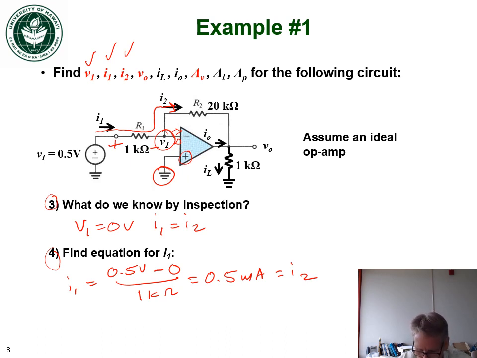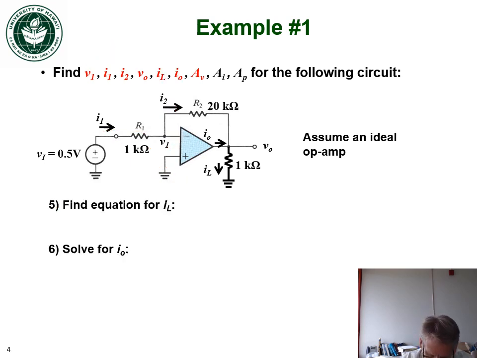Okay, moving on to the next part of this problem. Here we're going to be solving for IL and IO. Find the equation for IL. So IL is the current through our load, and we can solve for IL because we know the output voltage and we can apply Ohm's law.